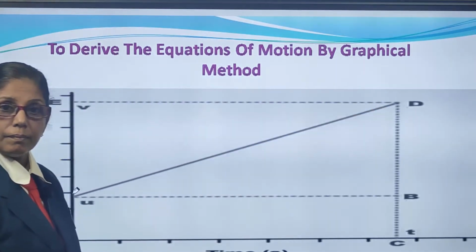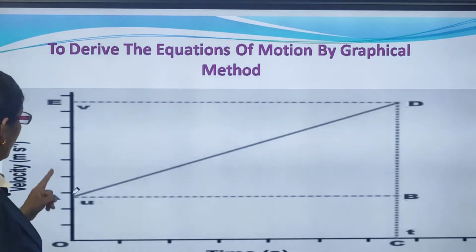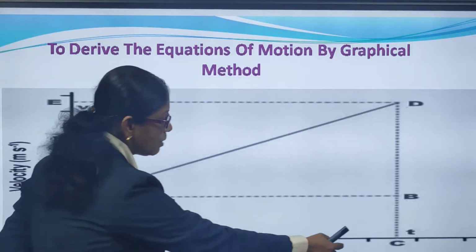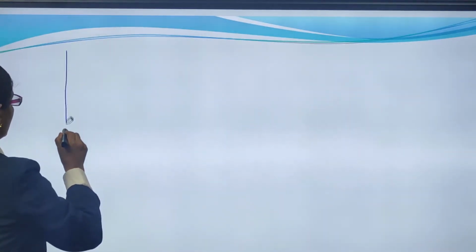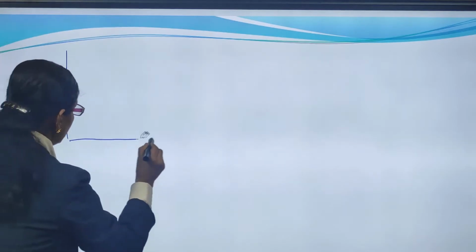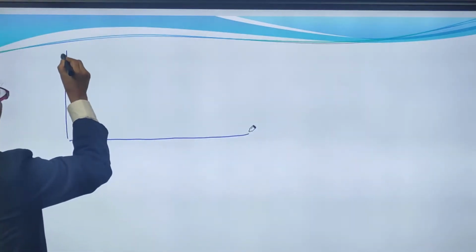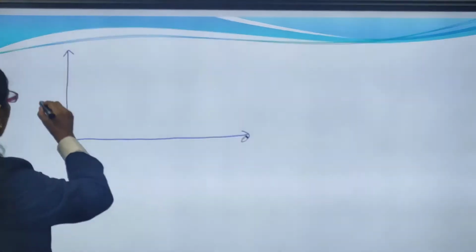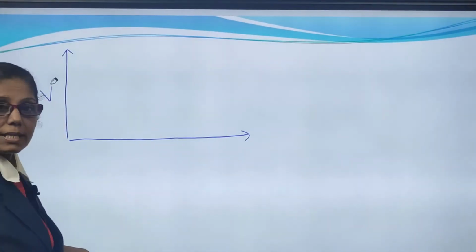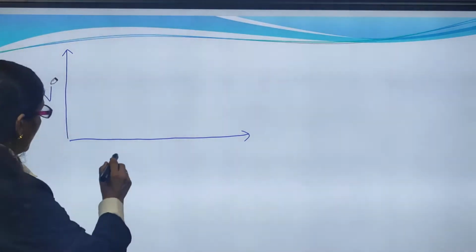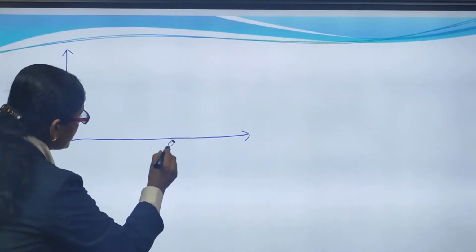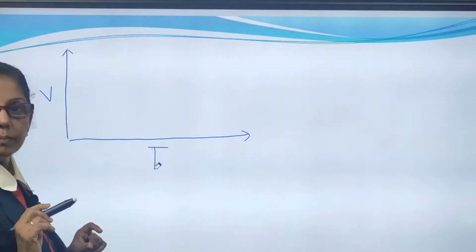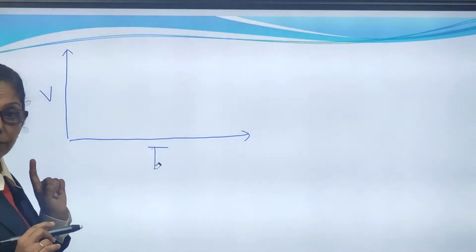D. Then, for deriving it, we have to draw the graph. First, what we have to do? X and y axis. Along y axis, what is taken? Velocity. Along x axis, what is taken? Time. Is it clear how to draw the graph?